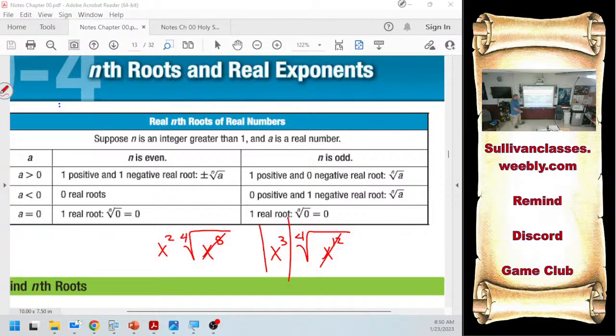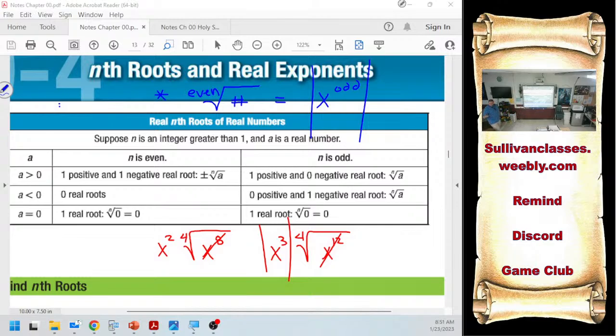If you don't remember that from Algebra 2, write yourself a little note that whenever I take an even radical of a number and I get a variable to the odd power, I need absolute value on it. And that is the only instance when it happens.